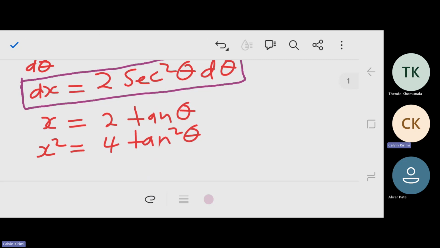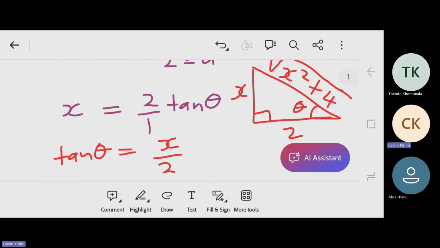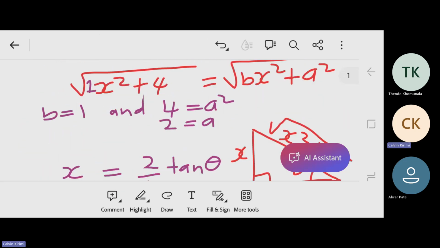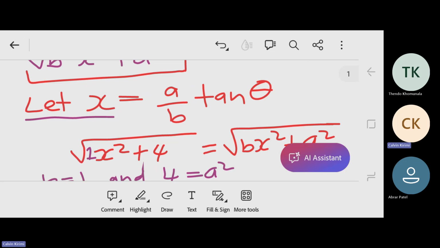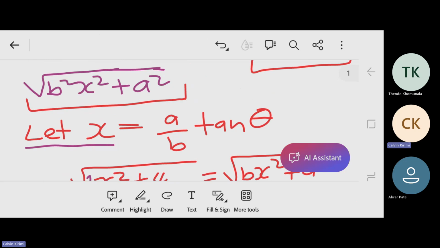So our rule says that if you let this equal x, when you let this equal a, what is it that you are trying to get?